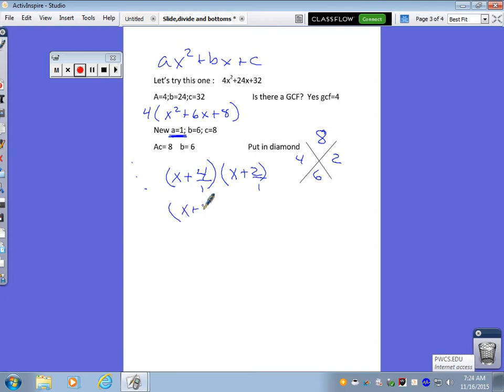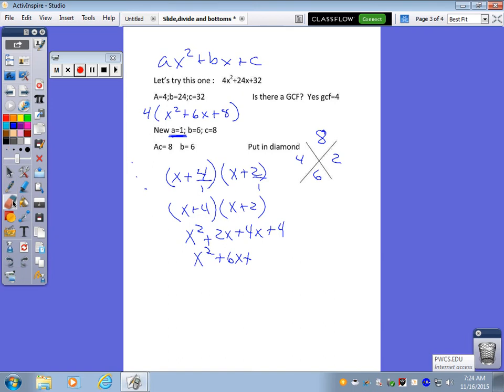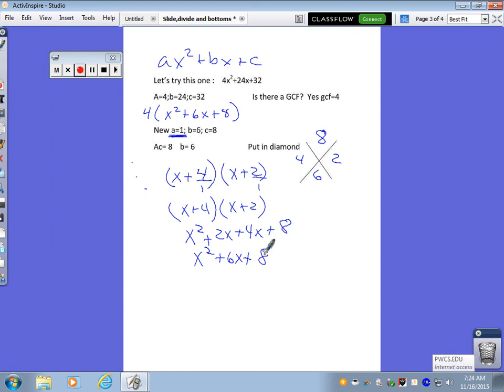So x plus 4 times x plus 2 stays the same, and when we FOIL it, we're going to get x squared plus 2x plus 4x plus 8, and that ends up being x squared plus 6x plus 8. Mistake. So here, erase the 4. 4 times 2, whoops, is 8. And we end up with our factored trinomial.